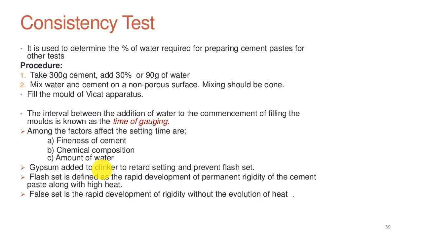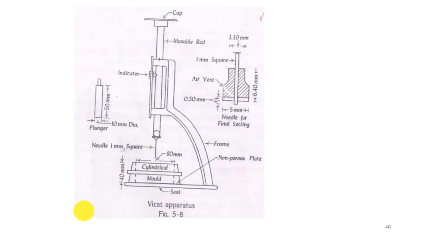Then you might have a flash and false set. In a flash set, there is evolution of heat, and your cement sets before its setting time. In a false set, your cement sets before the setting time without evolution of any heat or any exothermic reaction.